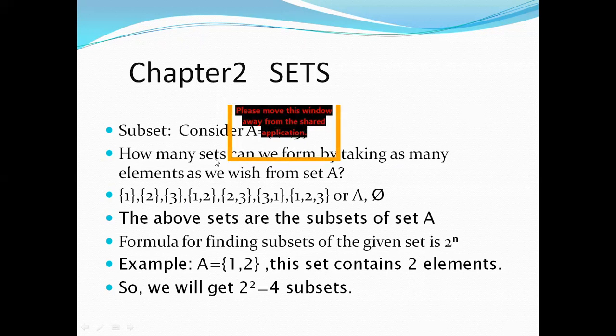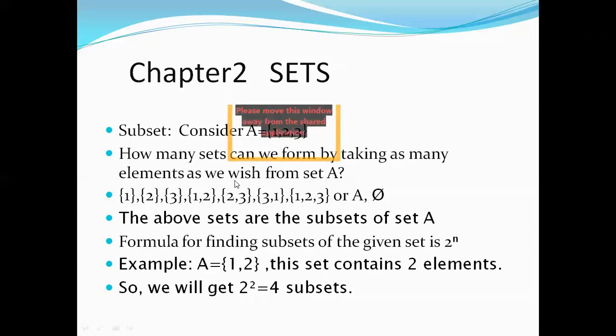So here you see how many subsets we can make from the given set, choosing as many elements from the set. Just see here separately. I have taken first 1. Set A contains elements 1, 2, 3. So first you write {1} separately, then {2}, then {3}.